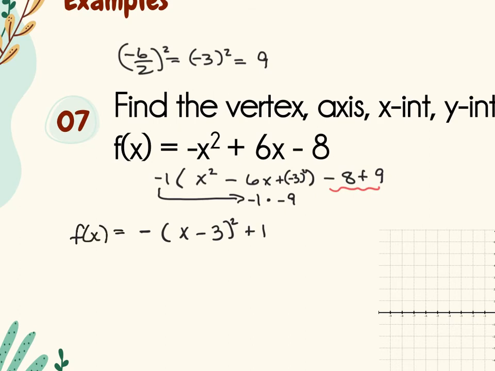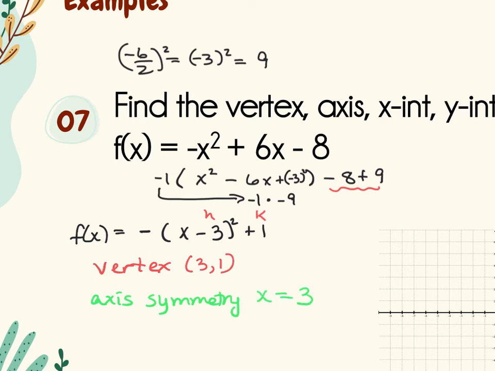So now to pull out my vertex, I'm going to pull out the h and the k. So my vertex is the ordered pair 3, 1. Your axis of symmetry is going to be the equation x equals 3. I now need to find the y-intercept.